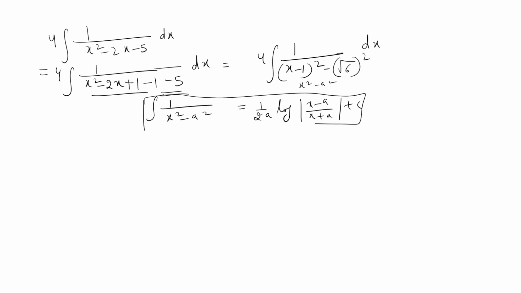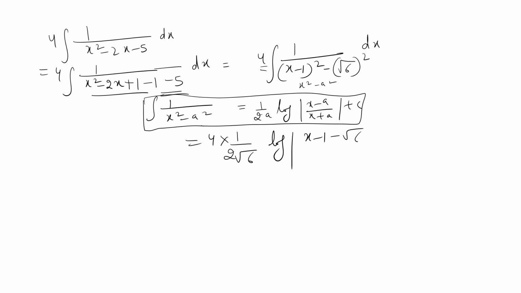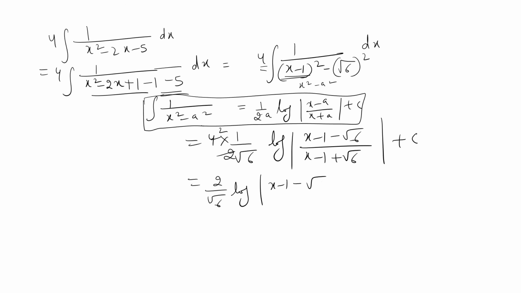So very carefully search this out. The 4 is there in the question. 1 upon 2, where a here is root 6, log mod of x minus a upon x plus a, because in place of x I have x minus 1, so x minus 1 minus root 6 upon x minus 1 plus root 6, plus c. Now the integration is going to be over. So it is 2 by root 6 log of x minus 1 minus root 6 upon x minus 1 plus root 6.